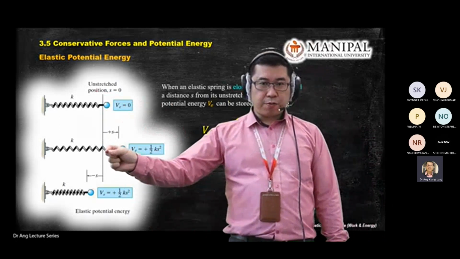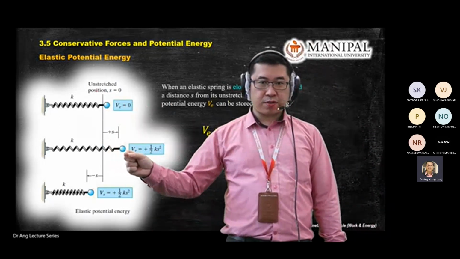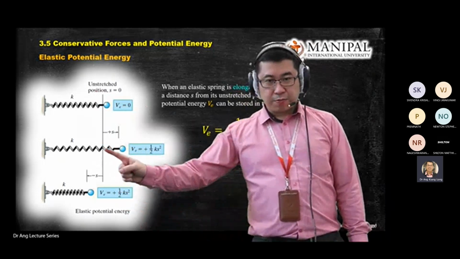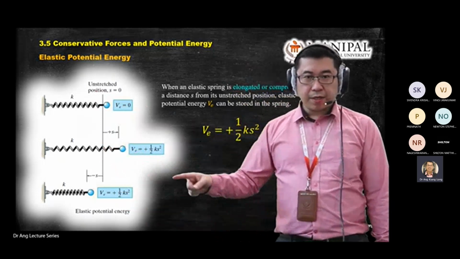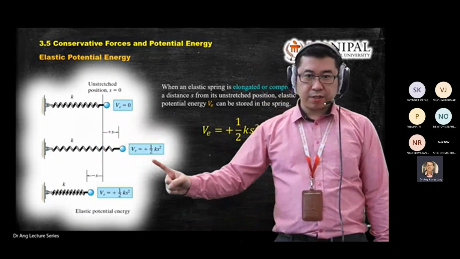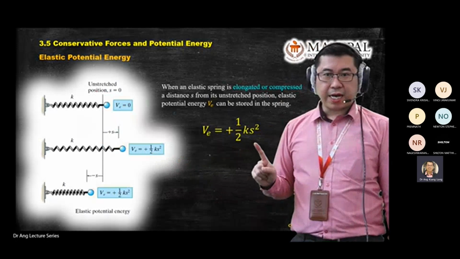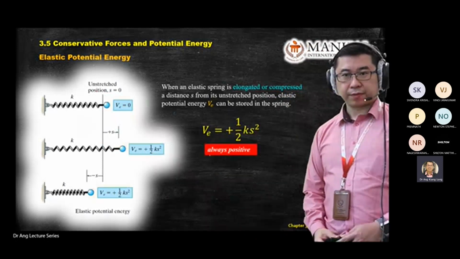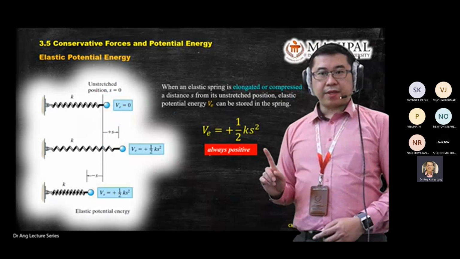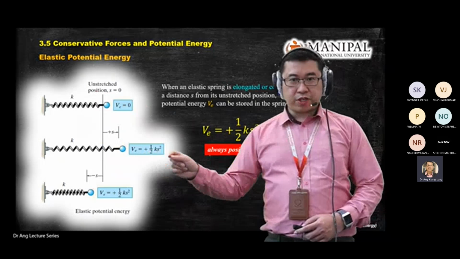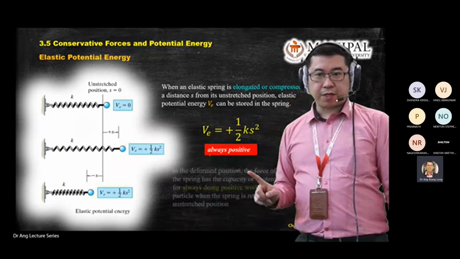And if you pull, you stretch the spring, you get positive energy, meaning you charge up the energy. You get positive half k s squared, right? And the spring potential energy, when you charge up, is always positive, right?